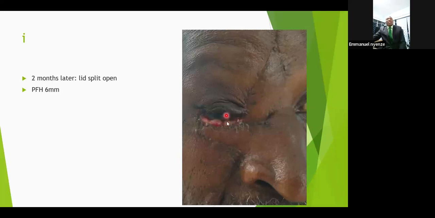And we could see that, as I told you, we had a levator muscle, and it has managed to lift our lid a few millimeters, around 6 millimeters, and it's still swollen. So he might be able to clear the pupillary axis in future and might be able to use this eye. So this is the best we could do in the circumstances that we had.